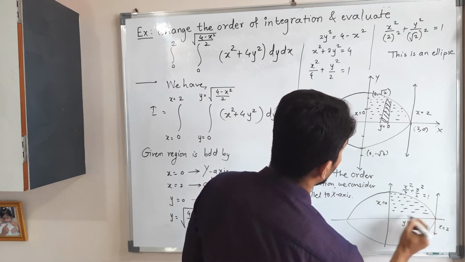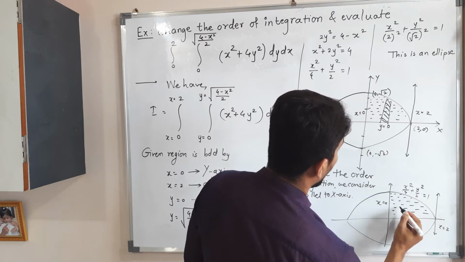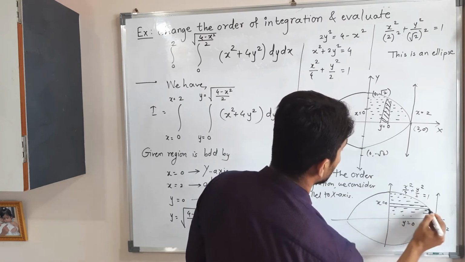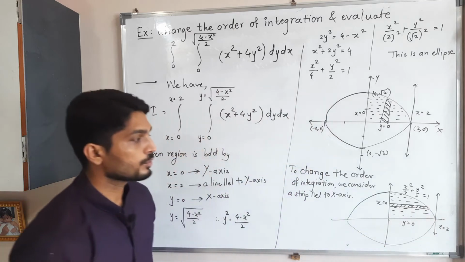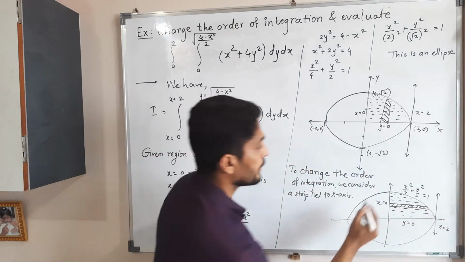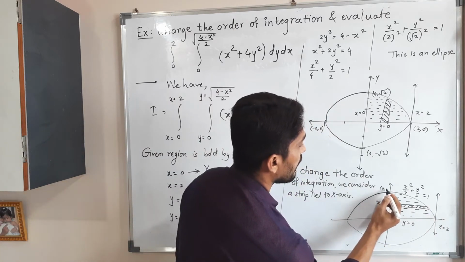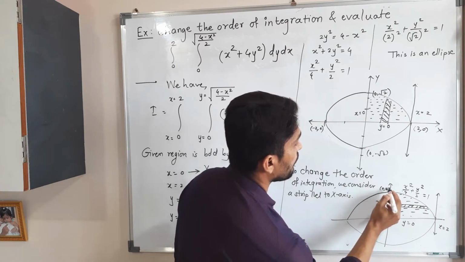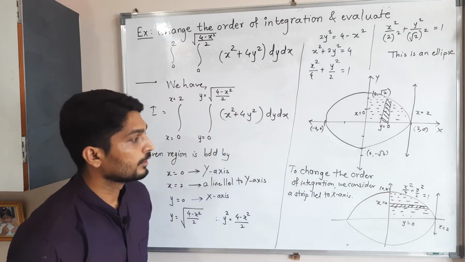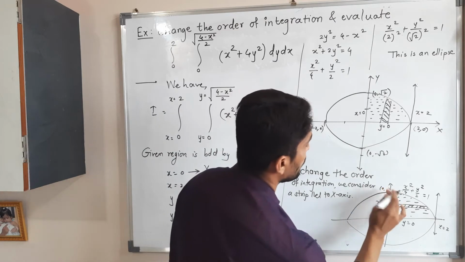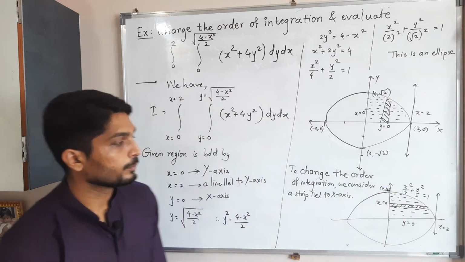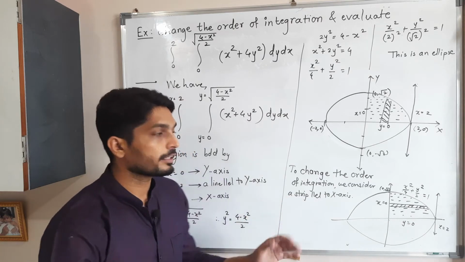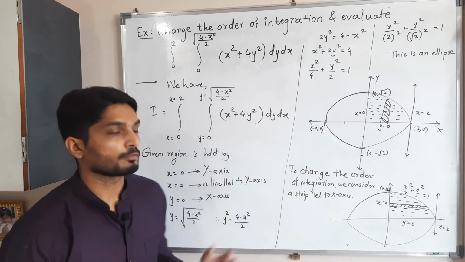But now we have to consider a strip parallel to the x-axis. Our strip will be like this. This point is 0 comma root 2, my mistake, it's 0 comma root 2. Make a screenshot of it, and after that we'll go for the next part of this problem.